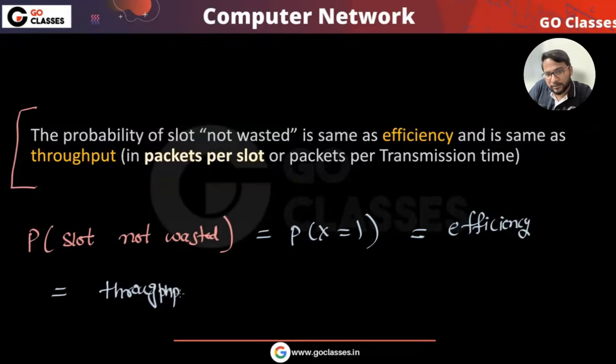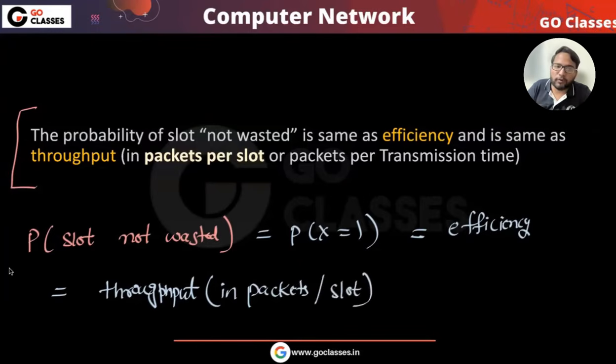If we are measuring the throughput in, can anyone tell me? Packets per slot, right? Packets per slot. So we have seen all of this. Let me quickly recap: suppose the probability that a slot is not wasted, or exactly one is transmitting, is 0.2.